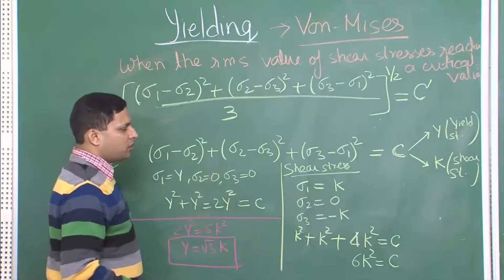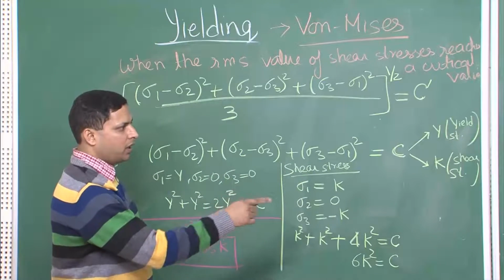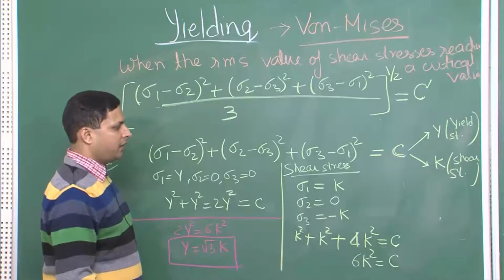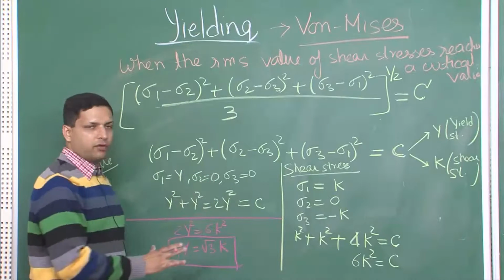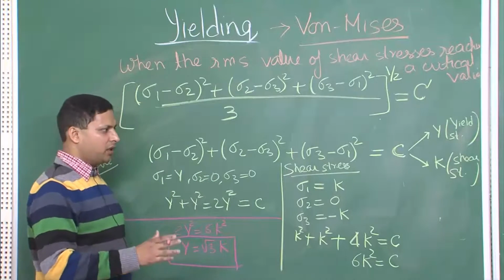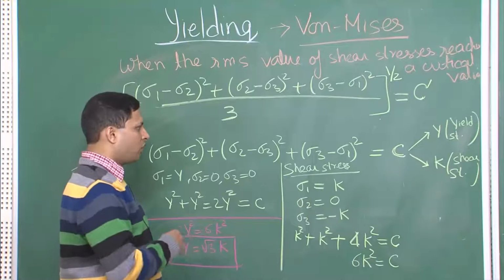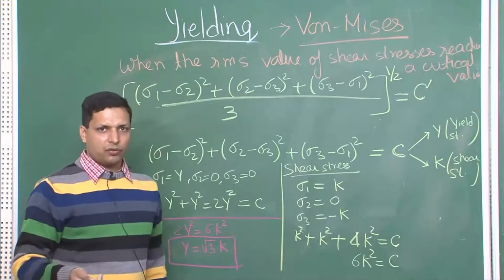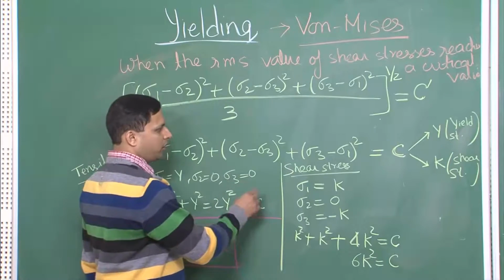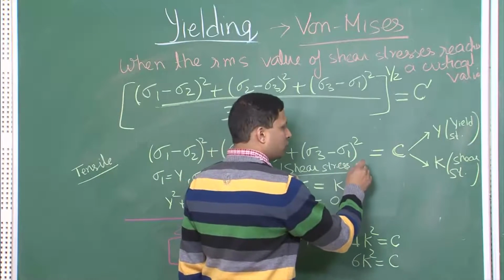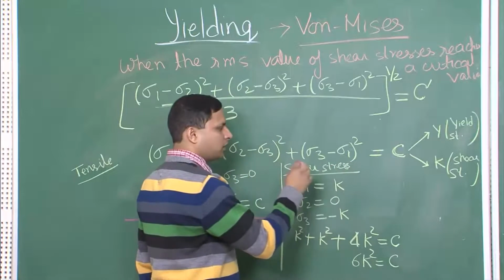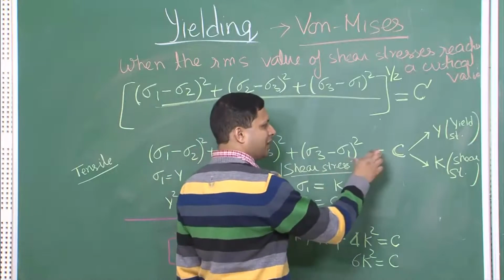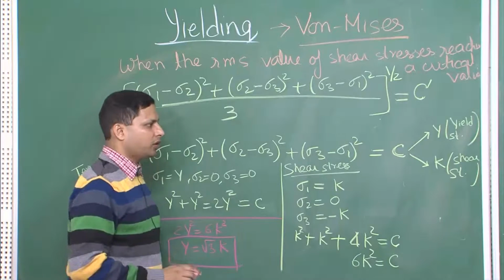And in both cases you can see we are able to relate C with y and k, and no matter what kind of multi-axial stresses there are, it may have all 9 different components present in it, or it may have just 4. In all those cases you would be able to get whether the material will be deforming or not for that particular stress condition.